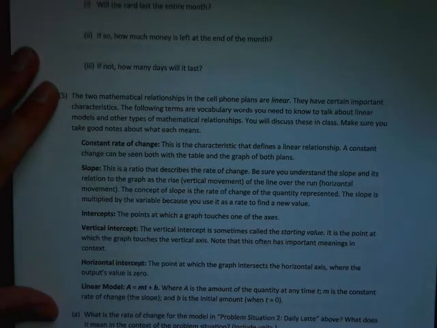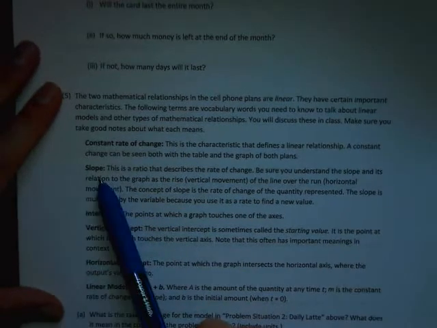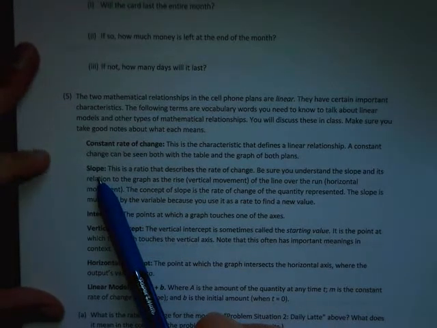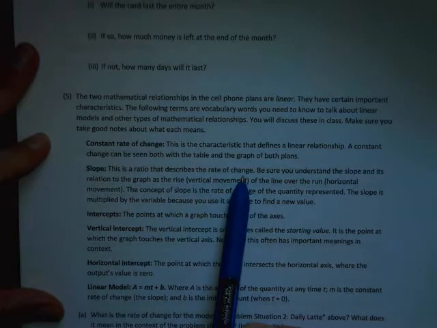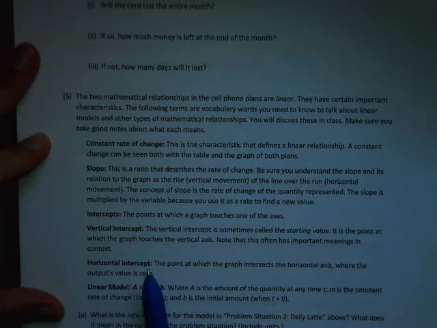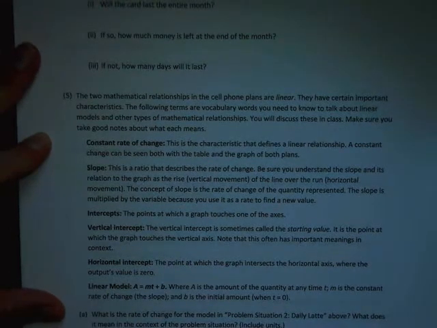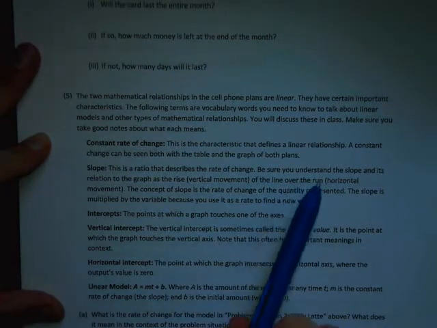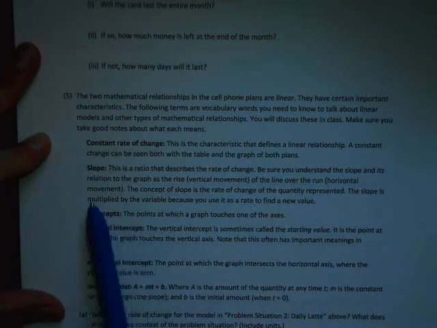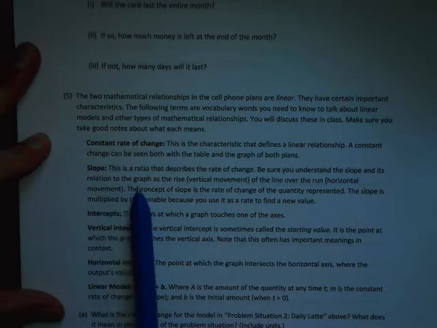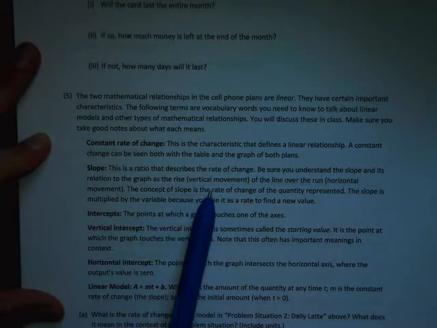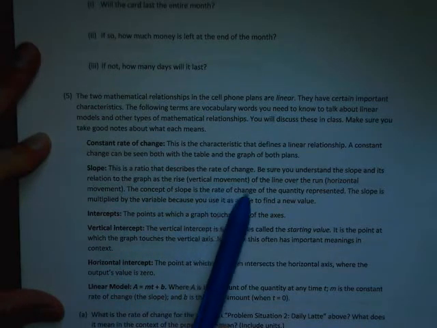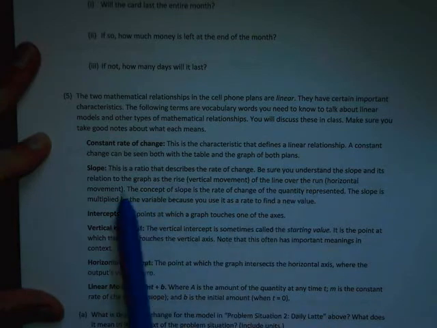A slope is a fancy word for this change. We'll talk about this quite a bit when we do some of my worksheets. To understand the slope, it's the relationship to the graph as a vertical movement of the line over the horizontal movement. Let me show you. It's just the change.